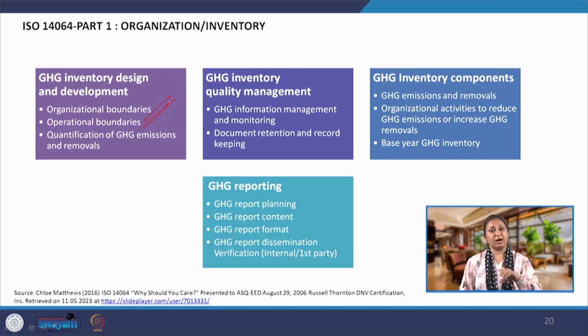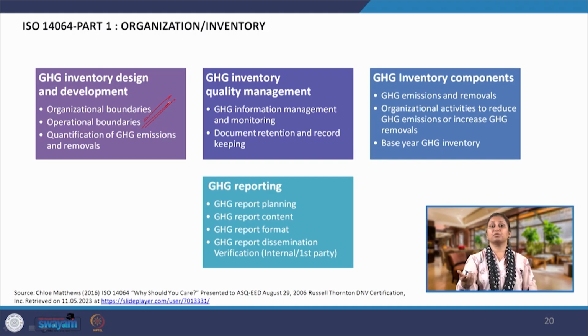We have to define the boundary, whether we are taking that into account or not, and that will depend upon the definition of this boundary. We will come to how to define the organizational boundary, and there is a standard mechanism, a standard framework for defining what is the organizational boundary or the operational boundary.